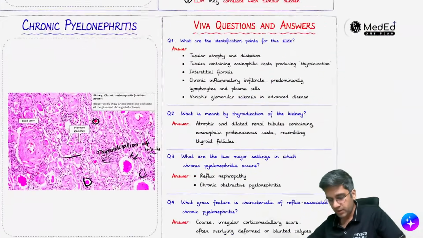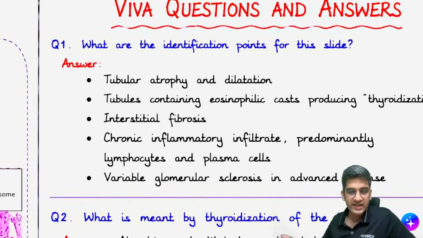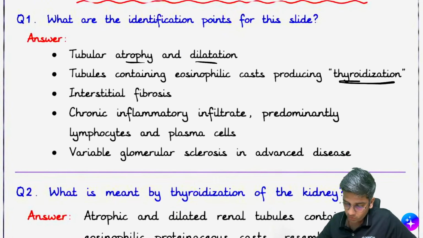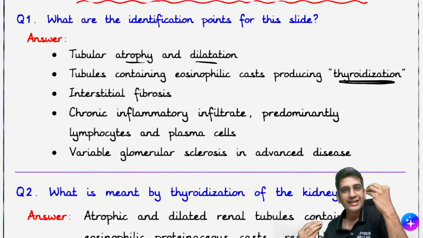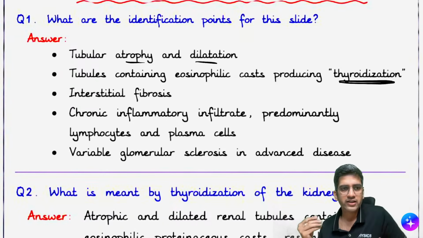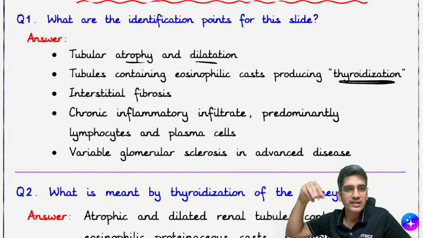Fine. Okay. So chronic pyelonephritis, what are the identification features? Atrophy, dilatation, and this word is what I'm looking for from an undergraduate: thyroidization of tubules. Why do I have thyroidization? The function of the tubule is reabsorption. When the epithelium is gone, atrophied, it cannot reabsorb. So protein accumulates inside more and more.